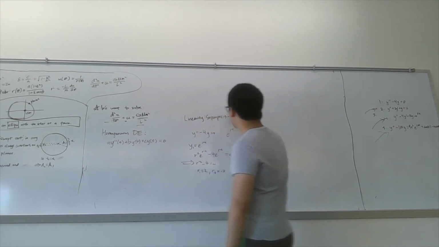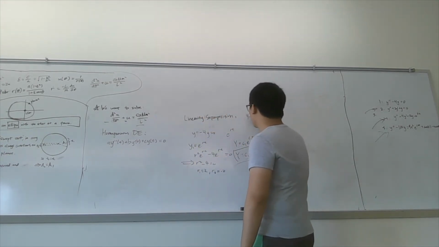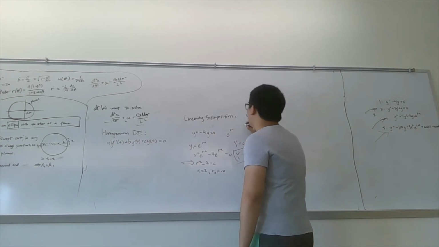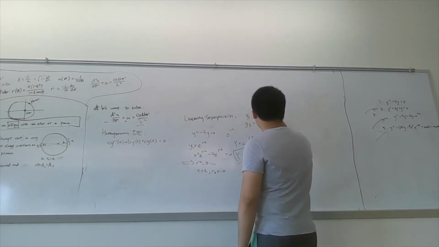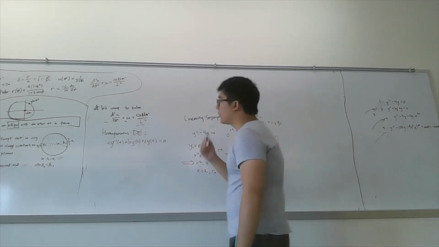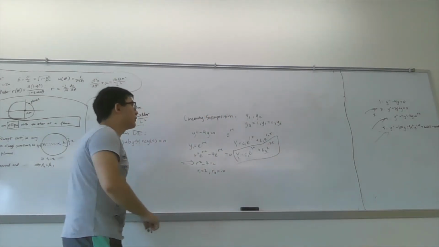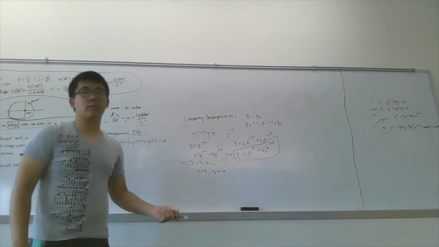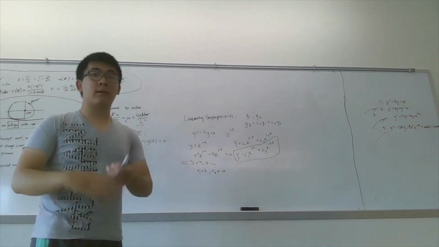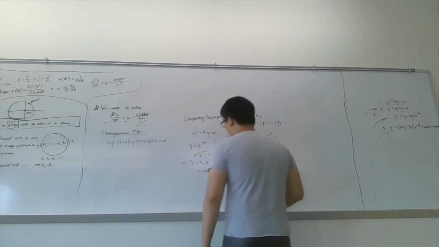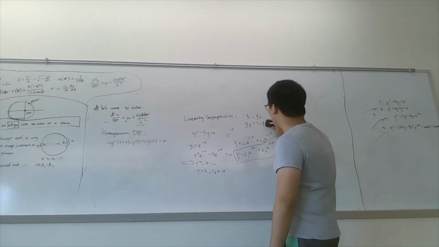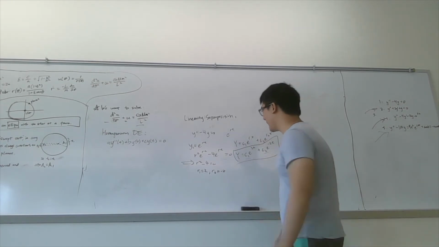For any linear differential equation, if you have two solutions, y1 and y2, then any linear combination of those two solutions is also a solution to the differential equation. We're going to be using this law, and this just has to do with the fact that the derivative operator is linear. And there do exist nonlinear differential equations, which are very scary to think about.